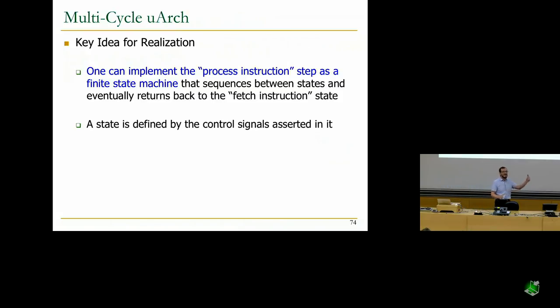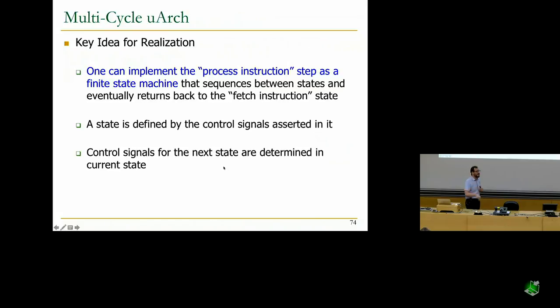It could be fetch state number 1, and then there could be a fetch state number 2, fetch state number 3. It could be the decode state. It could be the address computation state for a load instruction. So you have many, many of these states. Control signals for the next state are determined in the current state. So we're going to see why this is the case, because you don't want the control signal generation to be part of your critical path.